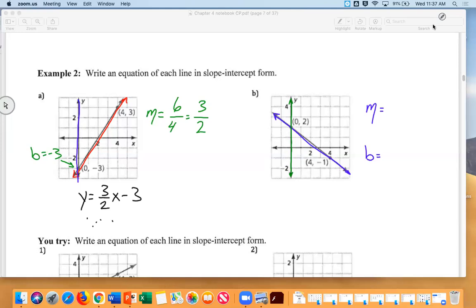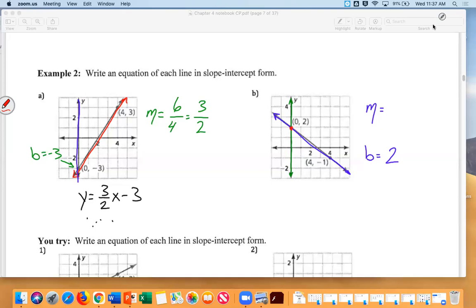What was that? I couldn't hear you. Okay, so do you see where the green line and the blue line cross? Yeah. It's 2. So that is my B. Now, Nate, I need to find my slope.